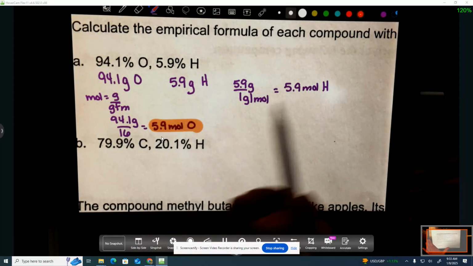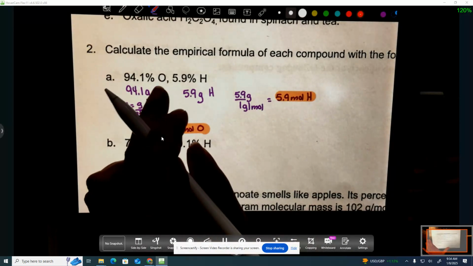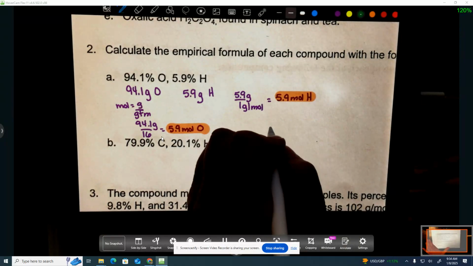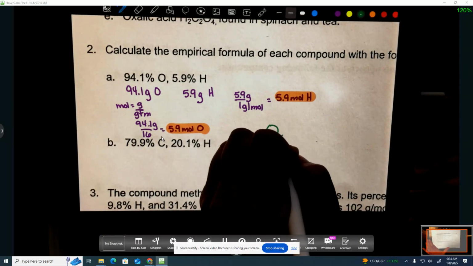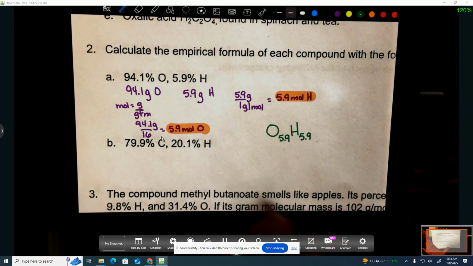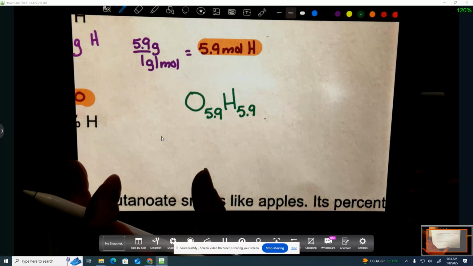These two numbers are my mole ratio. So I've got O and H. We have O, which is 5.9, and we have H, which is 5.9. This is not empirical because it's not the lowest whole number. What do you call a whole number in math? An integer.